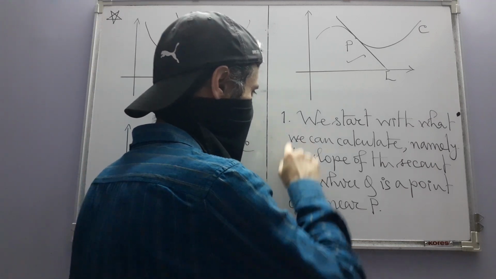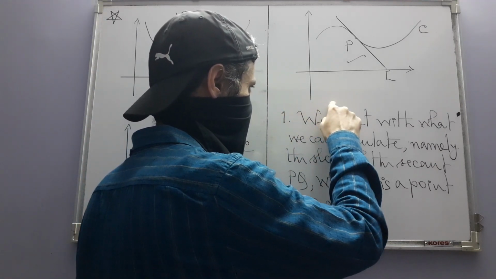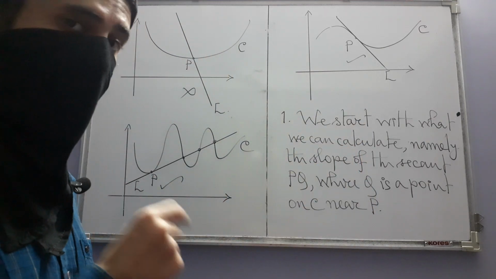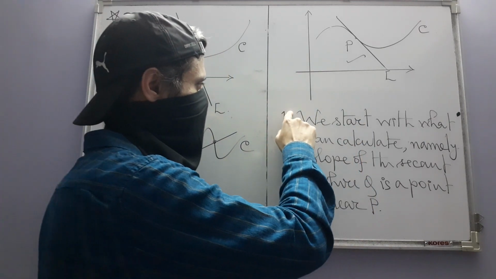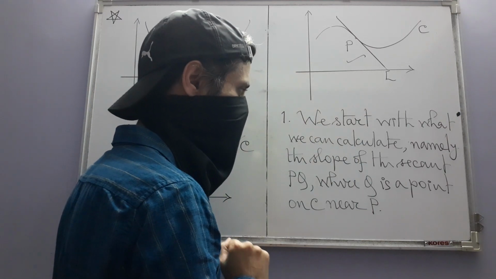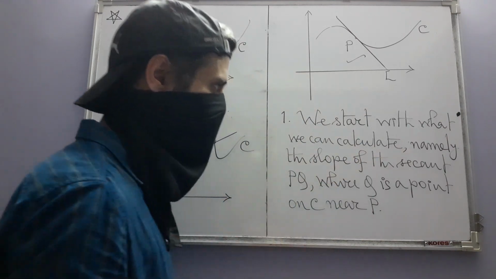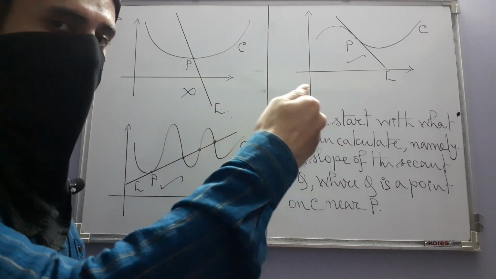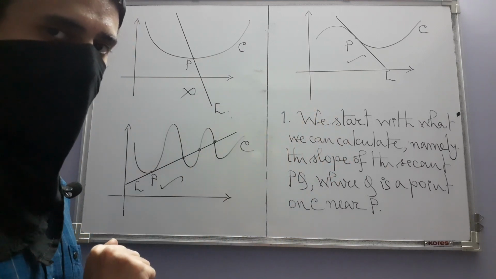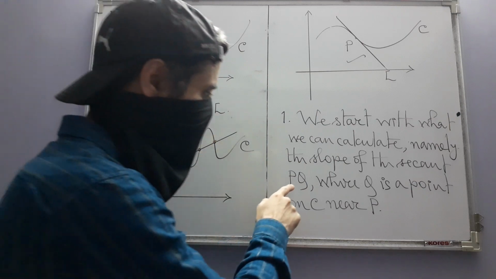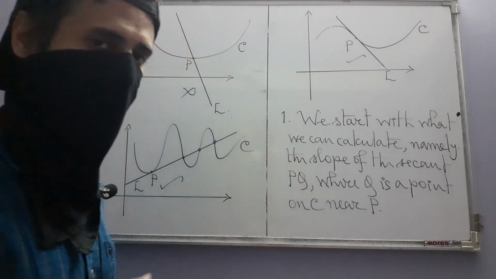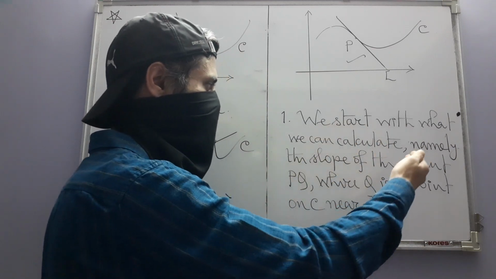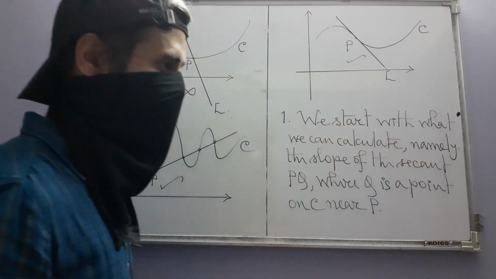So on the curve you have P somewhere, and very close nearby you have Q again on the curve. So you can join P and Q by a line. That will be your secant line, and then you keep P fixed and bring Q closer and closer to P, while always maintaining that Q be on the curve, of course. So Q moves towards P while always being along the curve.